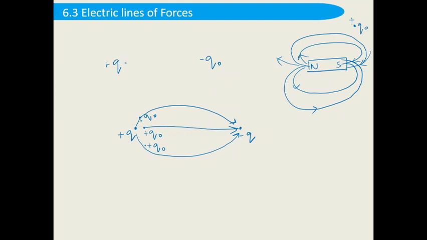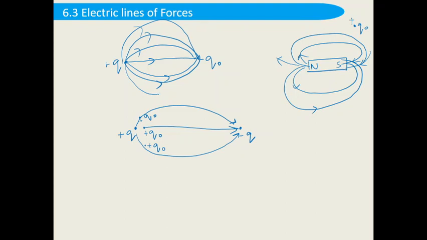So if this is a plus Q charge and this is a minus Q charge, electric lines of forces will move from plus Q charge to the minus Q charge like this. So this is what an electric field means. Okay. So these lines which I am drawing are electric lines of forces.